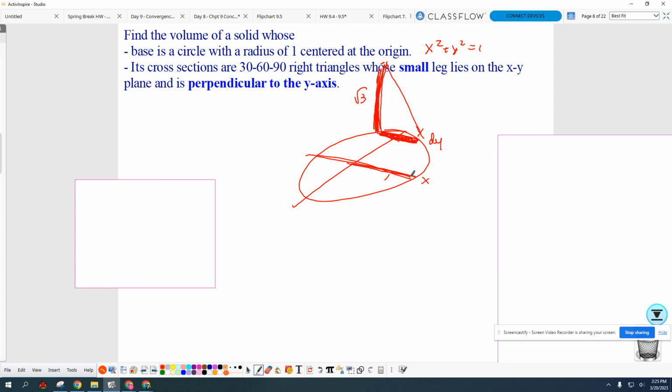I need the equation in terms of x equals, with all this stuff in terms of y. X squared equals 1 minus y squared, so x equals.